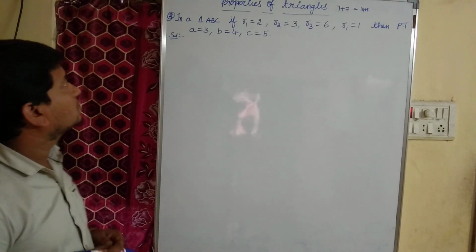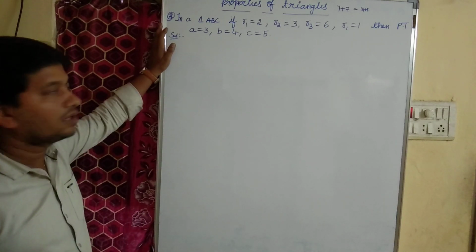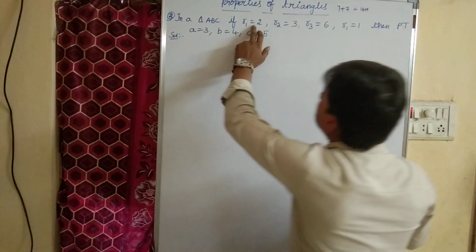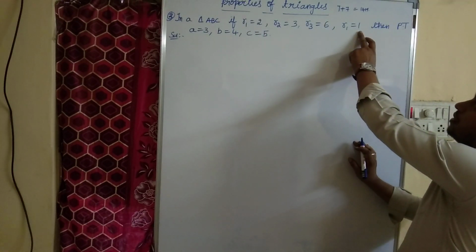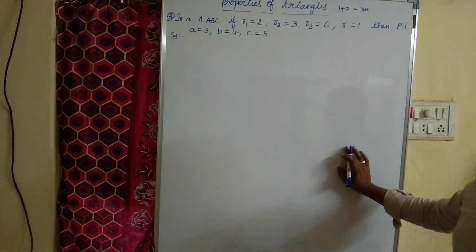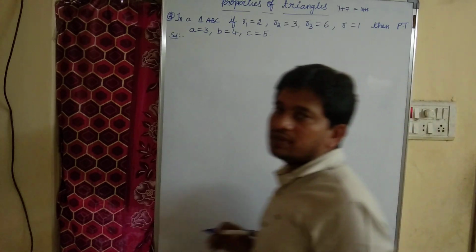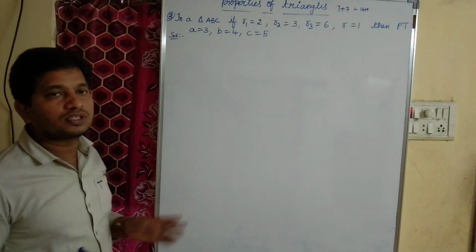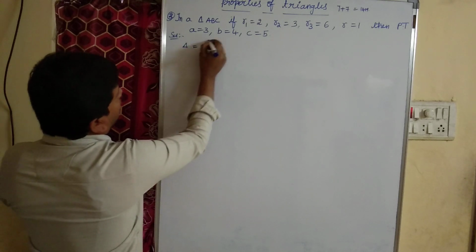Now coming to the third problem: in a triangle ABC, if R1 equal to 2, R2 equal to 3, R3 equal to 6 and R equal to 1, then prove that A equal to 3, B equal to 4, C equal to 5. This problem is a little bit easy because all the values are given, so directly we can find the value of delta.